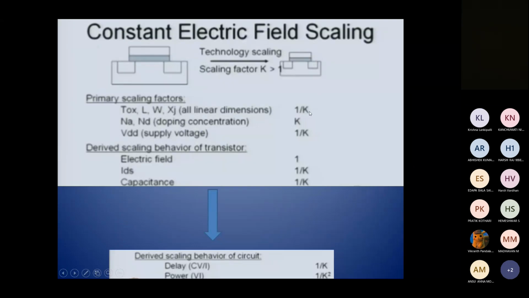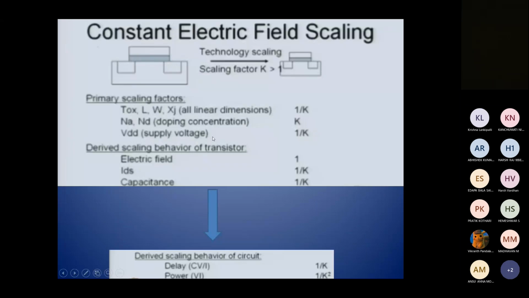This K can be any numerical value greater than 1. I'm taking an example. Let's say K is equal to 1.5. For channel length L, it will be L divided by 1.5. That will be the new channel length for this miniaturized version of the device. Okay. I hope this is clear to everyone.